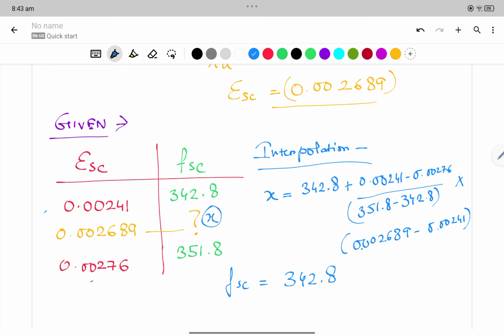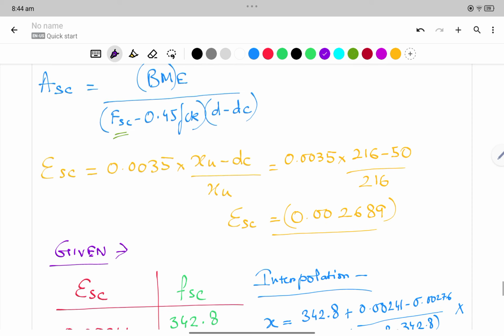342.8. Okay, so now again we will calculate it from there. Okay, we will start from here.